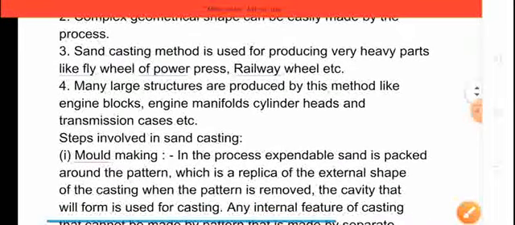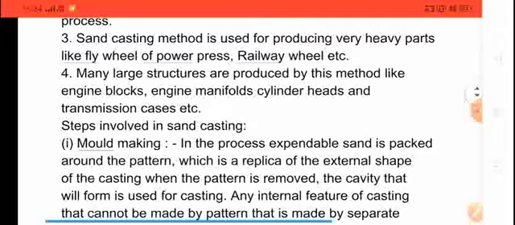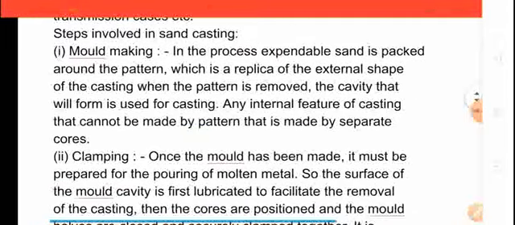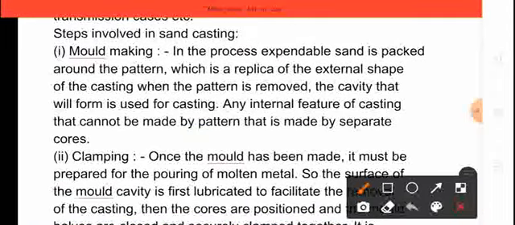Now let's see the steps involved in the sand casting process. The first, primary step is mold making. For any casting, this is the common step. We have to make a mold which is made of sand, and the mold is made by using the pattern.